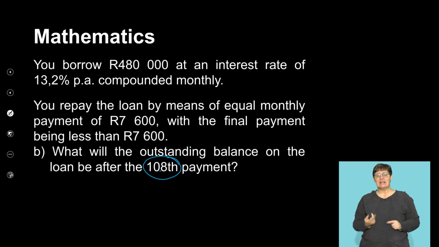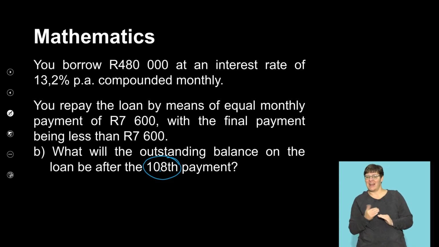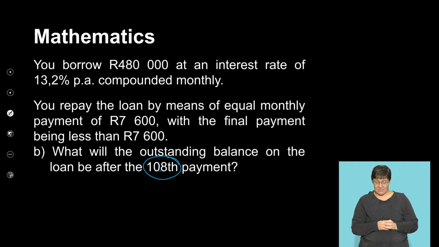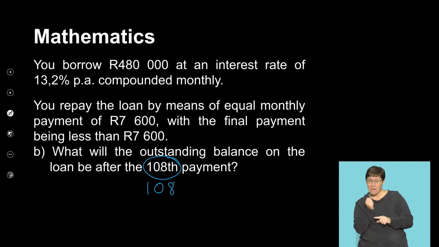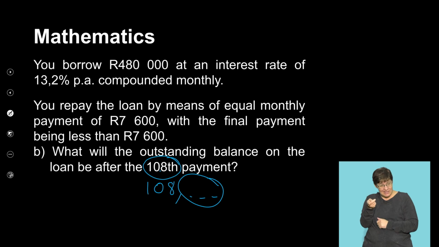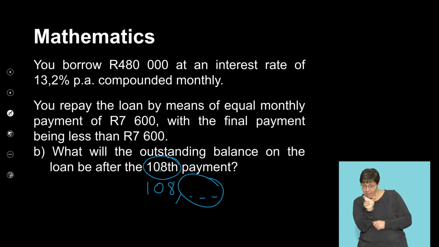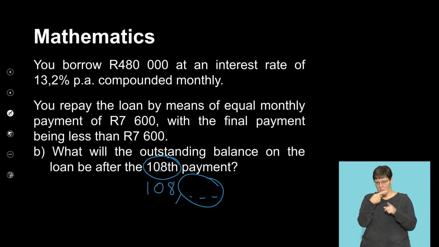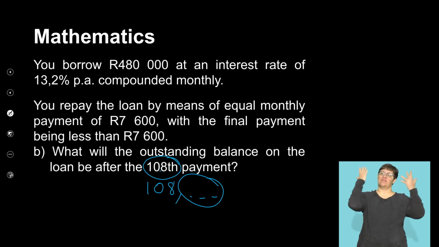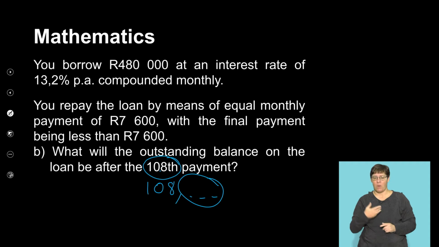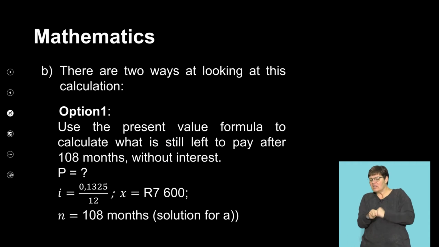There is still a couple of cents or rands that I still need to pay in order to do this. Because remember, when we found the number of months, this was 108 comma something. This something that is here is what makes this loan to still be short of some few rands to complete this particular loan and make it a zero. So I want to know what is my outstanding balance after that, right?